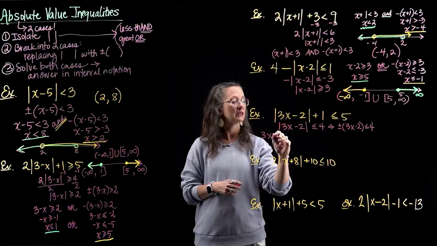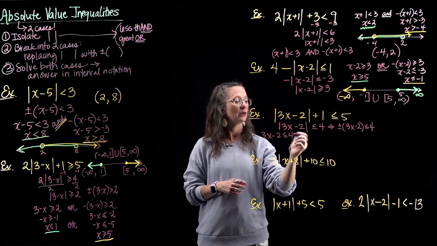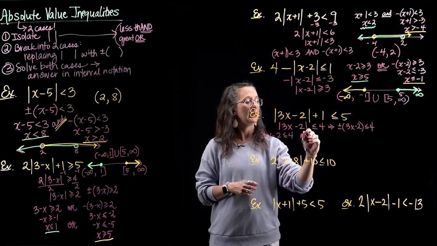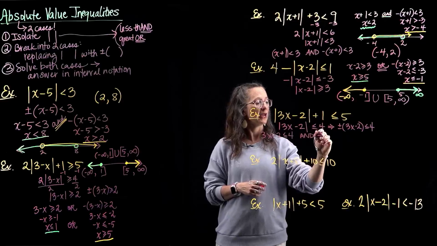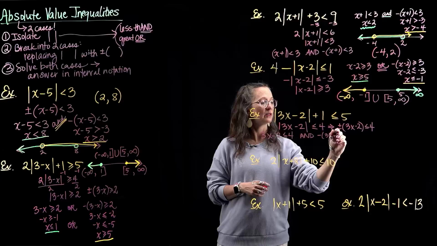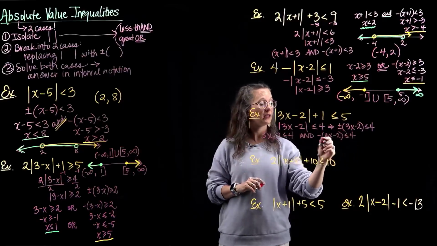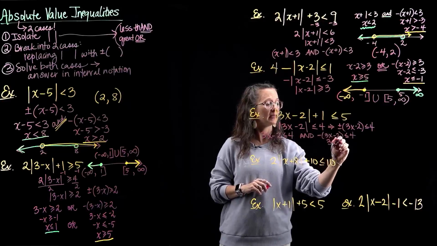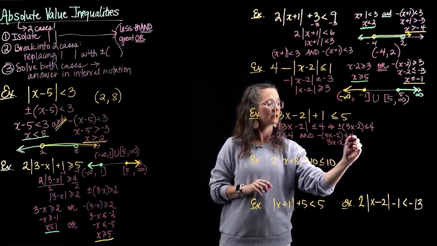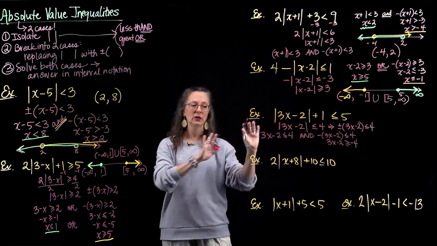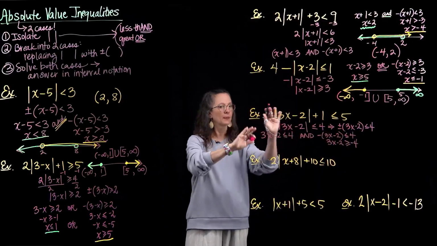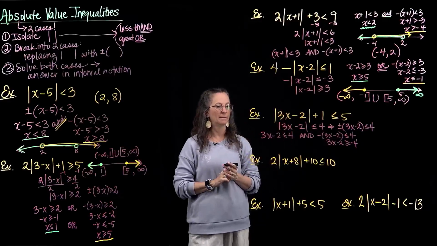So 3x minus 2 less than or equal to 4, and negative of 3x minus 2 is less than or equal to 4. I'm going to go ahead and rewrite that as 3x minus 2 greater than or equal to negative 4. Hopefully you guys are comfortable with that switch at this point.